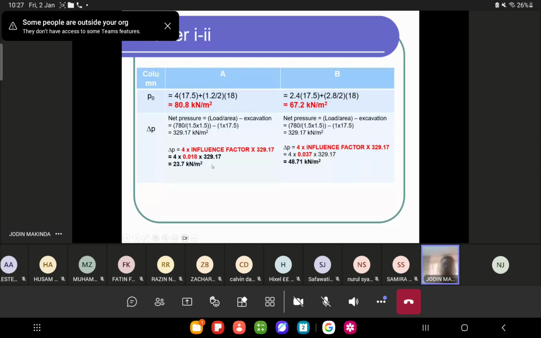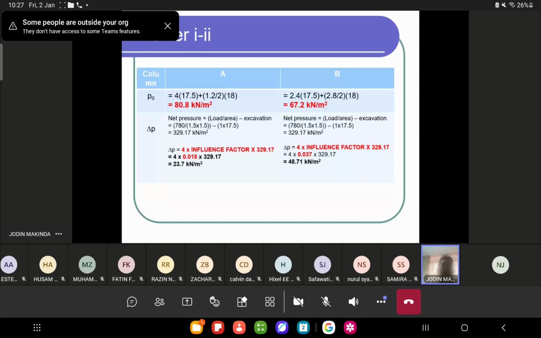At point B, 4 times 0.037 times 329.17 is equivalent to 48.71 kilonewton. You can see the stress increment differs due to the value of Z.